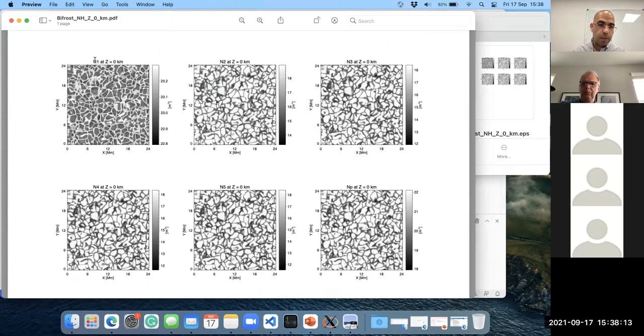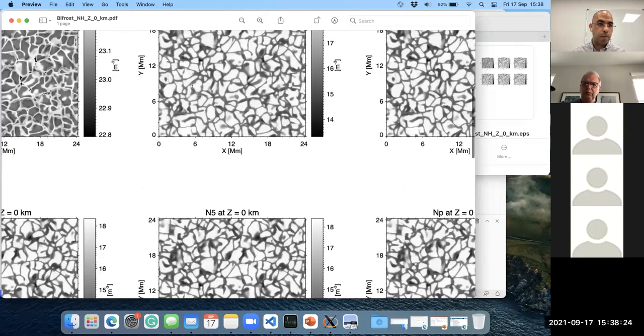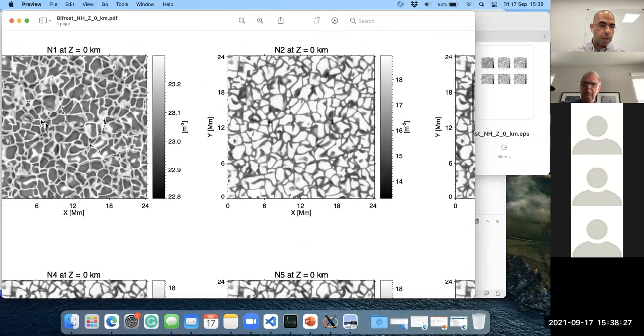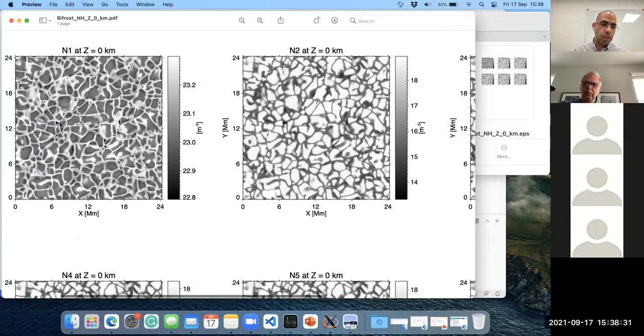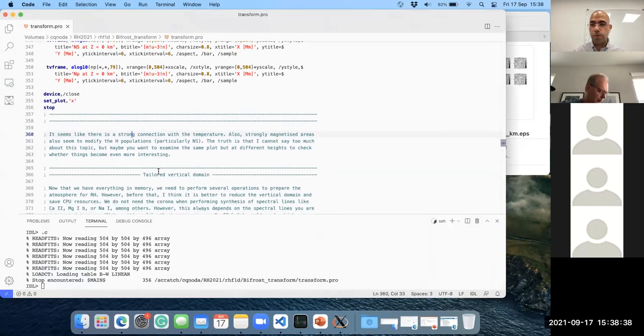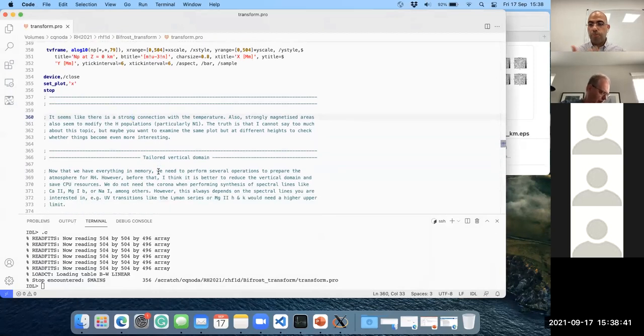It's true that N1 is a bit different, but still the pattern is mainly the granulation pattern. So we can see again a strong relation with temperature, and again there's a deviation from what you would expect in the color grade in the regions where you have magnetic field. So my advice again is to continue looking at these things and try to understand why they are happening.